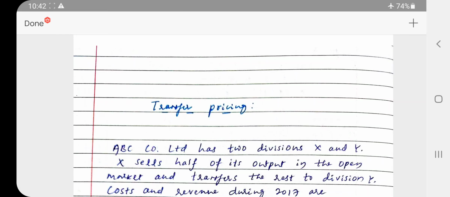If we are taking transfer pricing at cost, if we are taking transfer pricing at cost plus 30%, if there is any overspending, what will be the profit, so that we can understand how transfer pricing plays an important role in different contexts while calculating the profit.